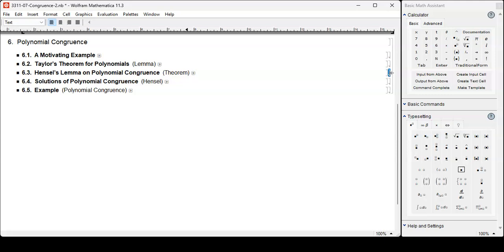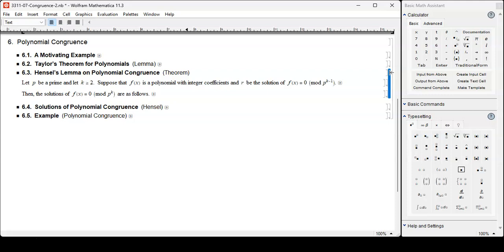Next, Hensel's lemma, which is actually a big theorem, but Hensel named it a lemma. So let's follow that. p is a prime and k is greater than or equal to 2. Actually, this is not really necessary. Greater than or equal to 1 is enough, but that's actually a trivial case. f of x is a polynomial with integer coefficient, and r is a solution of this congruence: f of x is congruent to 0 modulo p to the k minus 1 power.